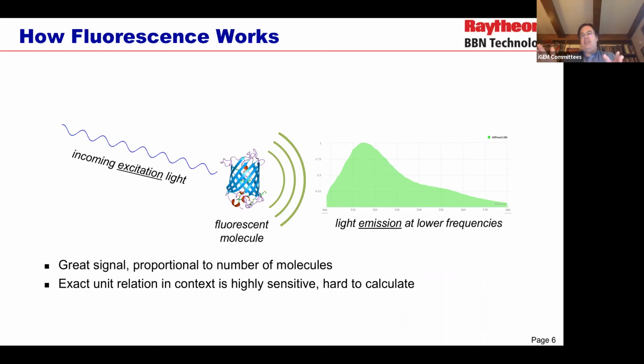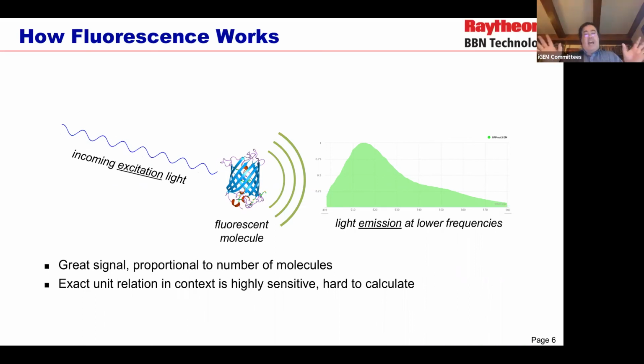You can see that this range here is going all the way from about 500 nanometers, which is in sort of the intense green region, out through 580, which is starting to get more towards the red side.